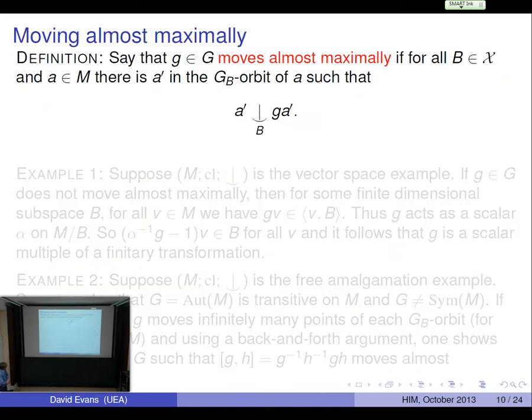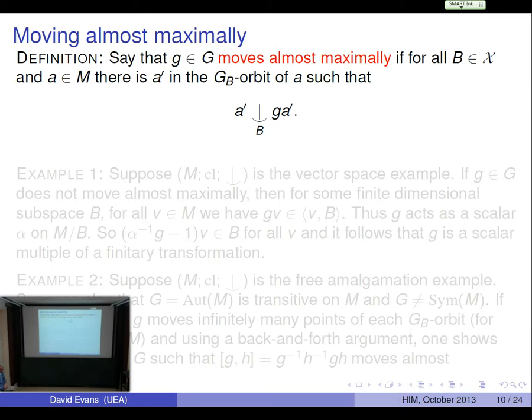Okay, so before I can tell you what the theorem is, I want to talk about the notion of an automorphism moving almost maximally, so sort of not being bounded is the idea here.